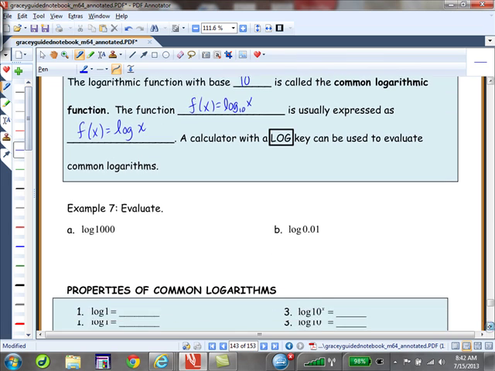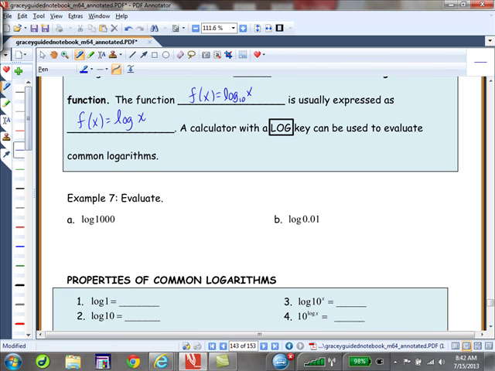So here we go. This one is equivalent to log base 10 of 1,000. So the power to which you raise 10 to get 1,000 is? Good, 3.